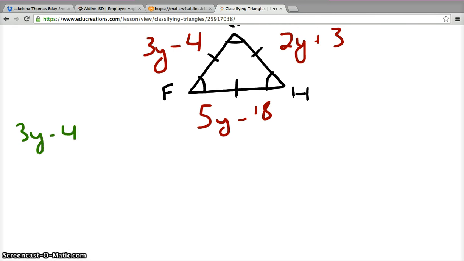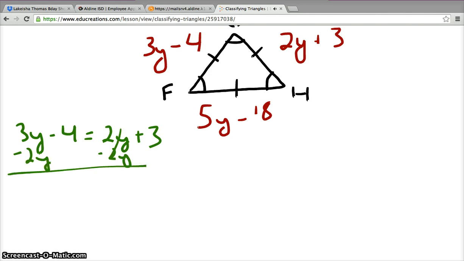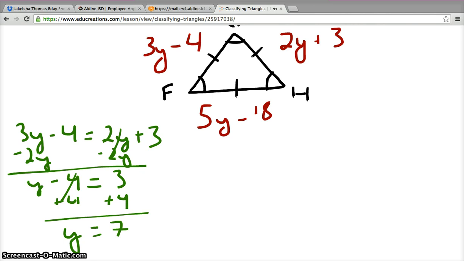3y minus 4 is equal to 2y plus 3. So minus 2y. So I'm left with y minus 4 equals 3. So plus 4. So y equals 7.